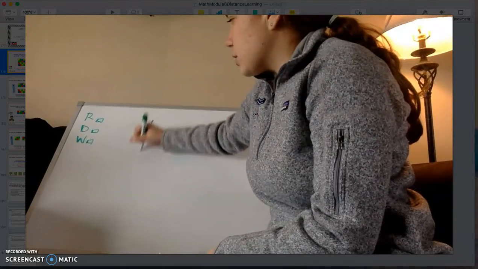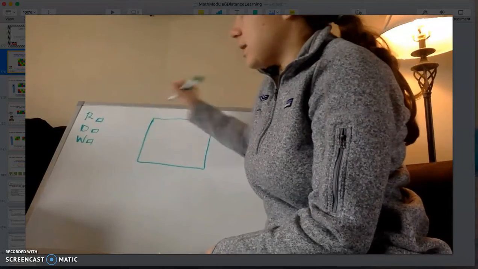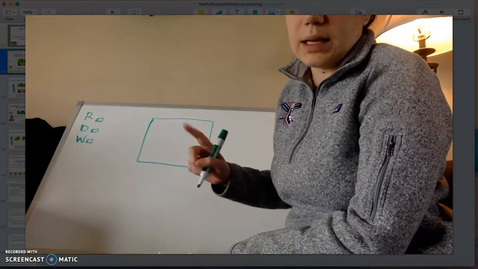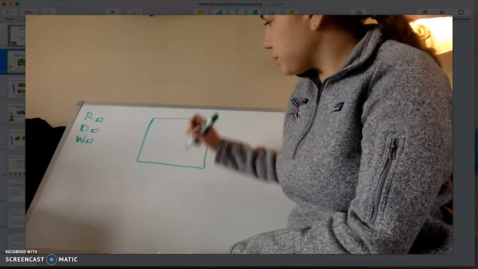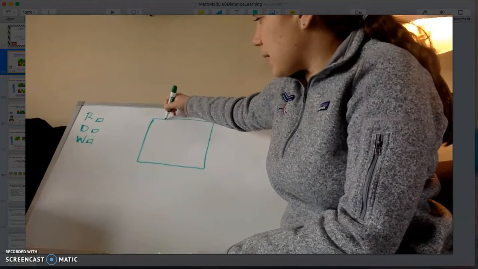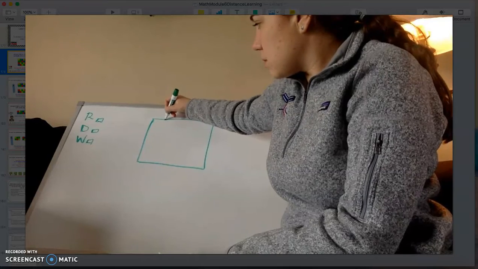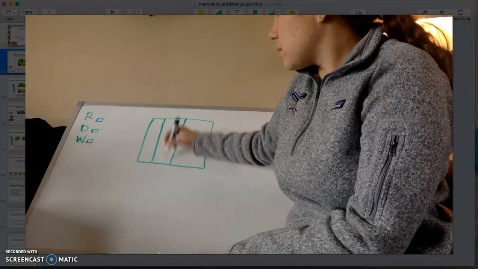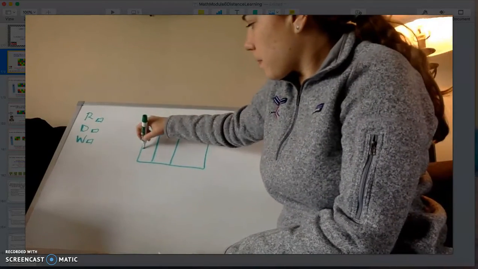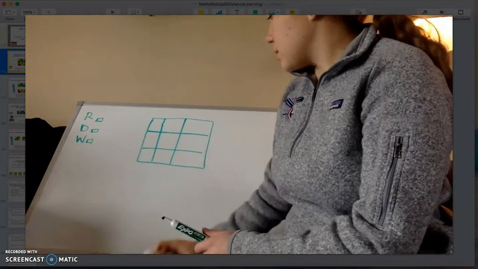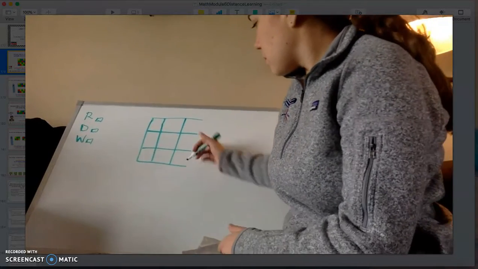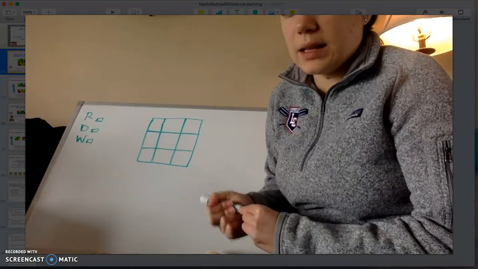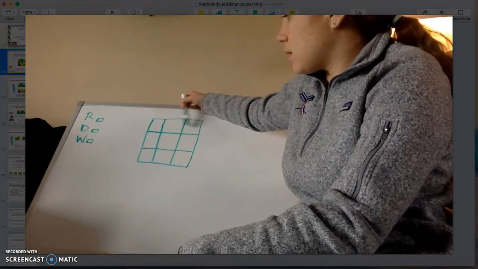So they want us to draw a picture of Ellie's lemon bars. So I made a square, and I know that there's 9 pieces in here. So I'm going to break it up. So I have 9 pieces in my square pan.